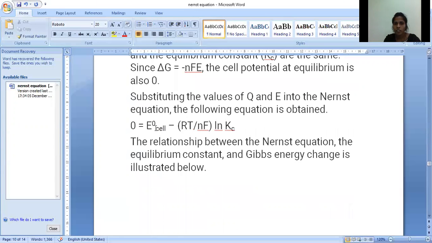So we can write here, E naught cell is equal to RT by NF ln K. The same thing I'm copying here. So when this value goes to the left side, what we will get? So we will get E naught cell is equal to RT by NF ln K. So by using this formula, or else what we can do, this value goes to the denominator.